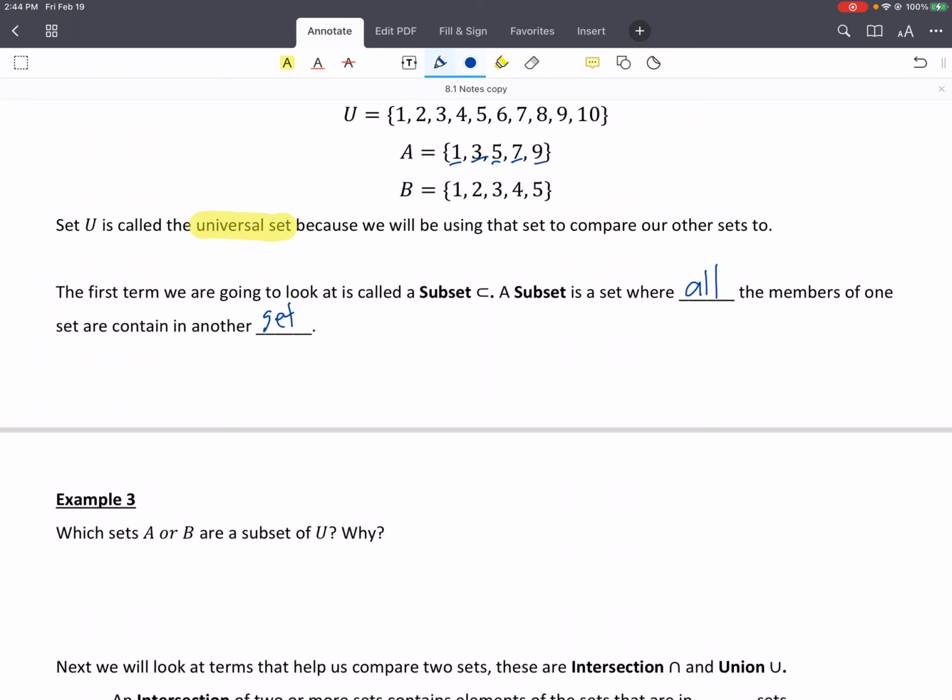And hey, 1, 3, 5, 7, 9. So all of A is in U. So the way we would write that is A, with our sideways U, is a subset of U, because all members of A are in U.